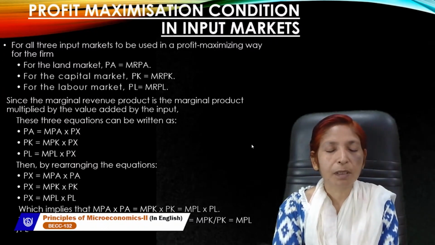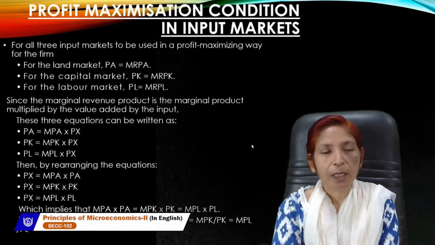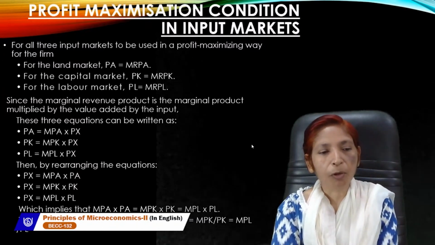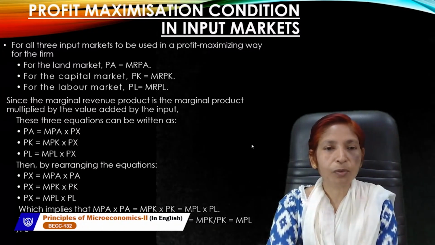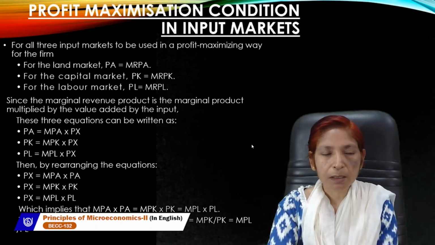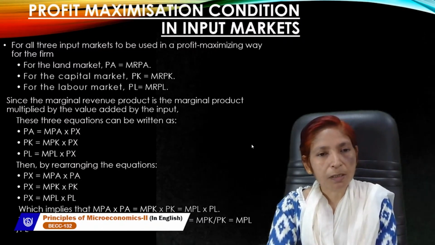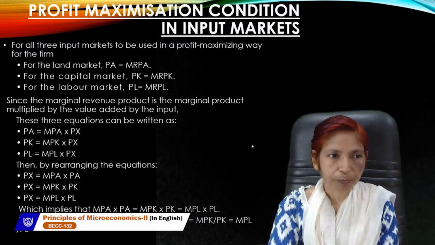Capital is always represented by K in economics. So, in the capital market, the equilibrium or profit maximizing condition is PK must be equal to MRPK. And in the labor market, the equilibrium condition is that the price of labor must be equal to MRPL, marginal revenue product of labor.